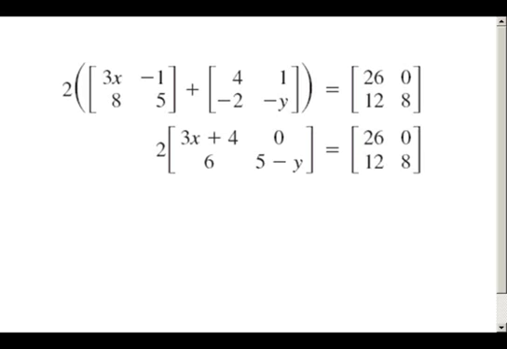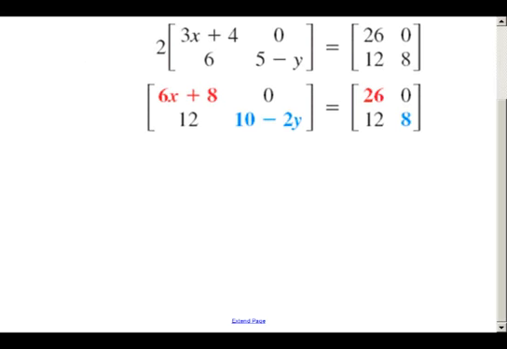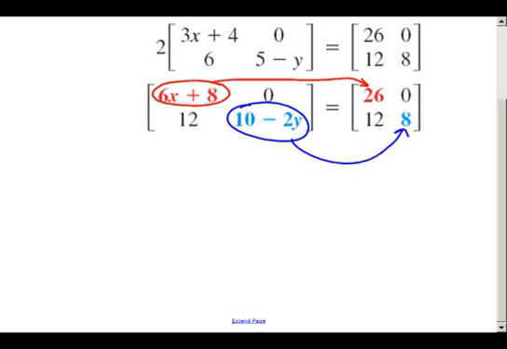So the next step would be then to distribute the 2 to both of those. So now we have a 2 by 2 matrix equal to a 2 by 2 matrix. Because of that fact, the corresponding entries have to be equal if the matrices are equal. So that means that 6x plus 8 equals 26, and also that 10 minus 2y has to be equal to 8. So you can set those two up in a little 2-step algebraic equation and solve for x and y.